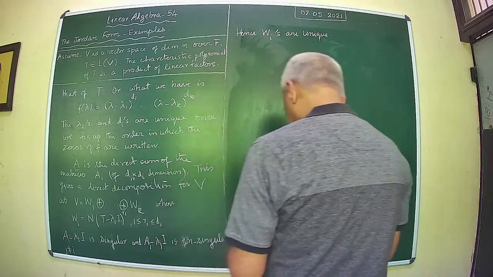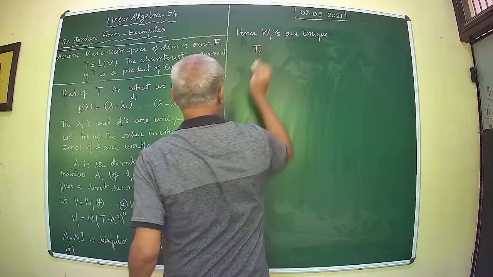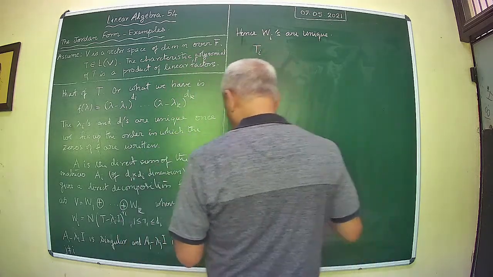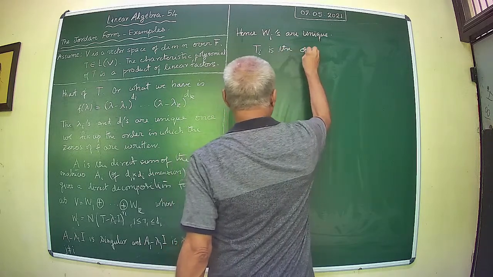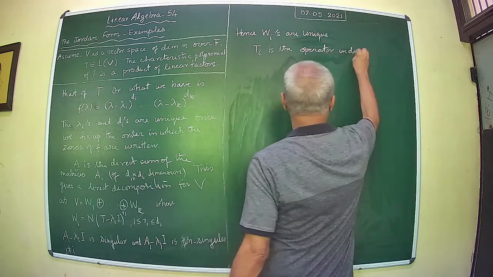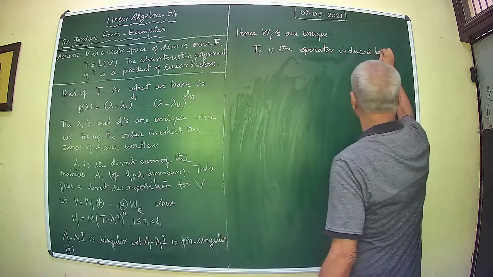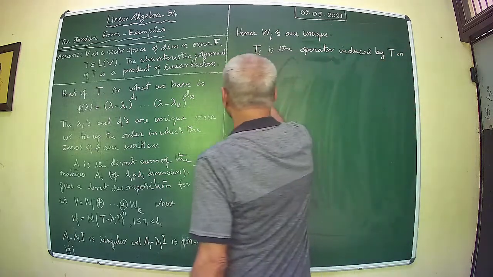So now we take Ti. So Ti is the operator induced by T on Wi.